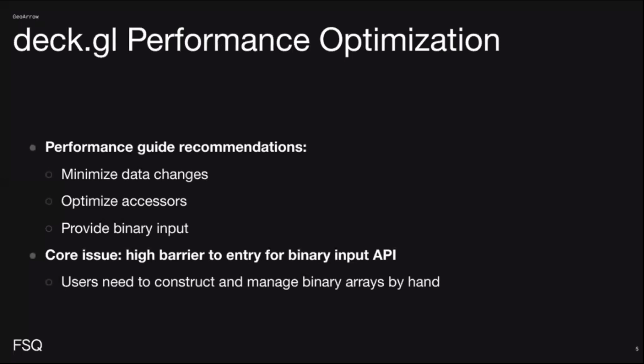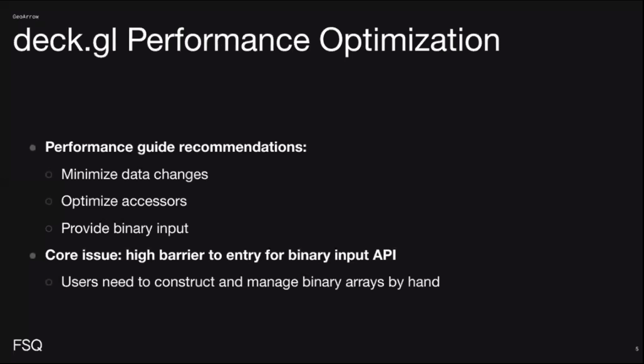The second is that if you have functions that deck.gl calls, these accessors, those should be really efficient and use as little CPU as possible. And then the third is to provide binary input into deck.gl. By default, deck.gl works on JSON objects, but it also supports this binary API to provide pure buffers into deck.gl.